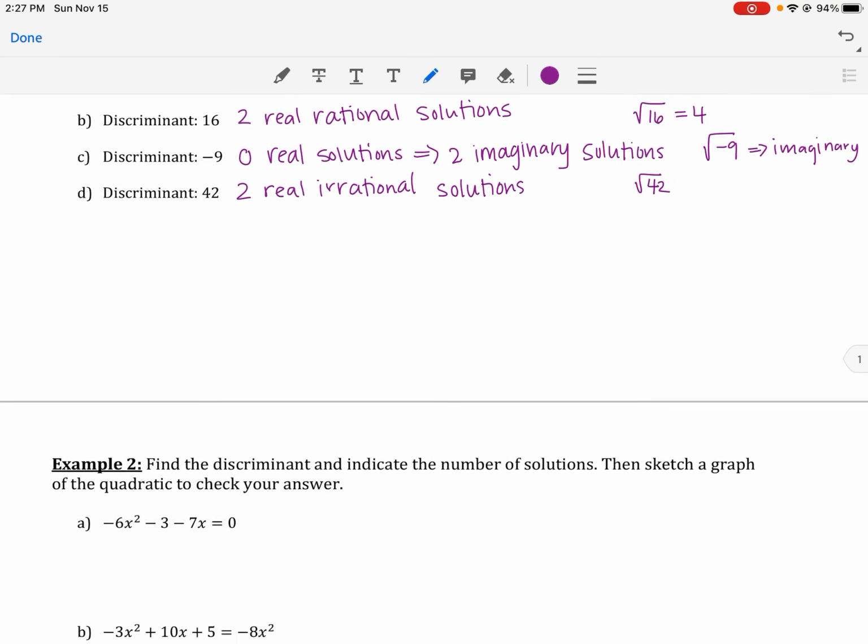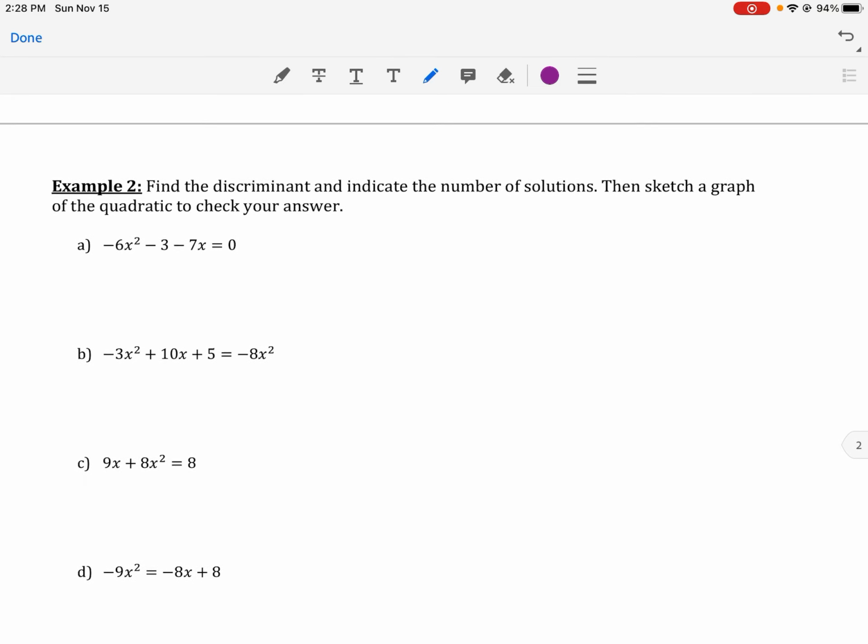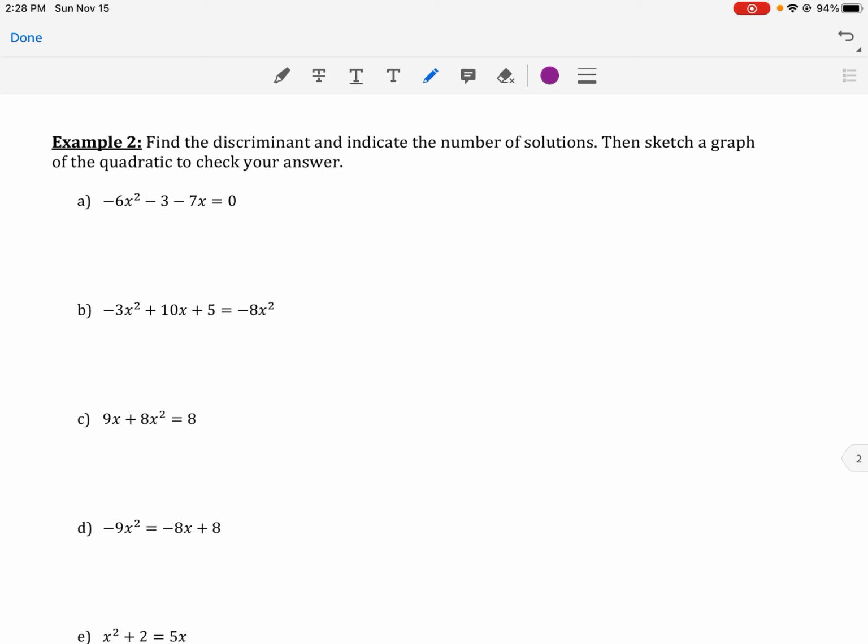Okay, let's actually put it into practice. We want to find the discriminant, and then from that indicate the number of solutions and sketch the graph of the quadratic. Remember, before we even find the discriminant, which is your b squared minus 4ac, we want to have this in order. So we're going to have negative 6x squared minus 7x minus 3 equals 0, right?